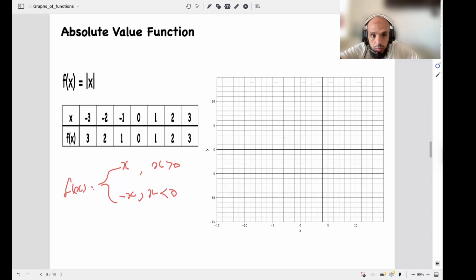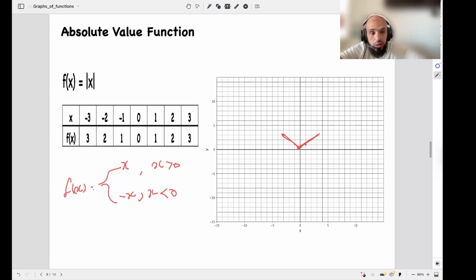It will have a V-shaped graph like that, and it's an even function symmetric about the y-axis.